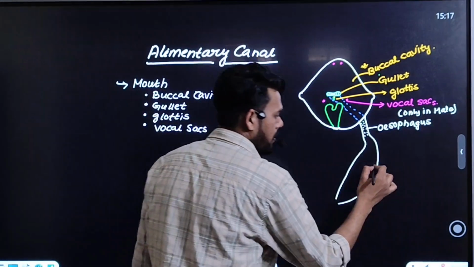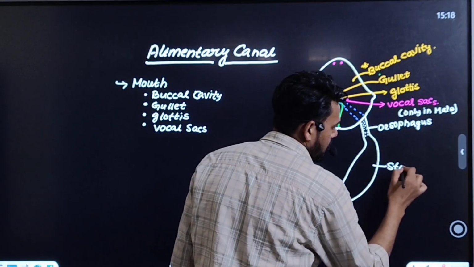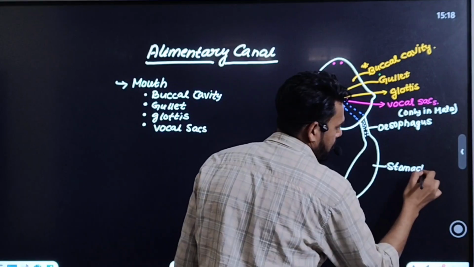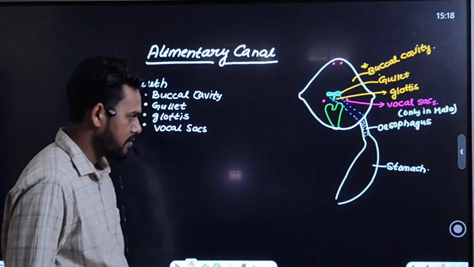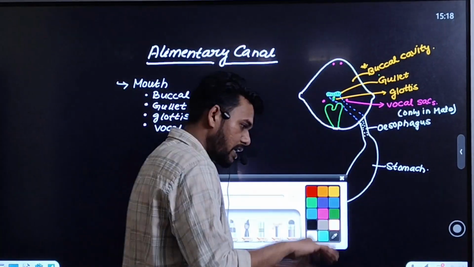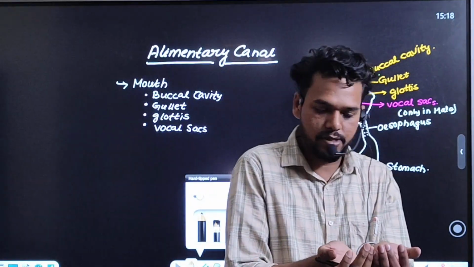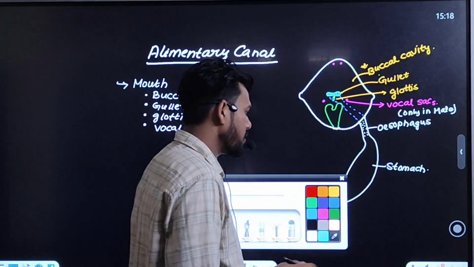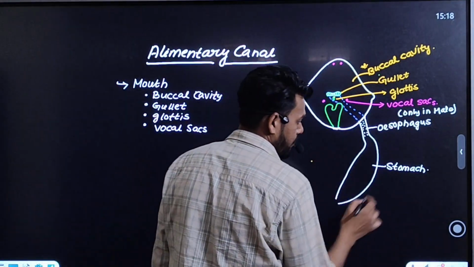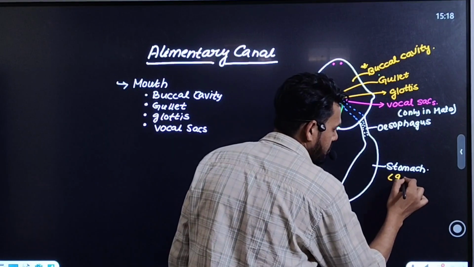This is the stomach part. Stomach. In the inner lining of stomach, there are present various types of gastric glands. So it contains gastric glands.